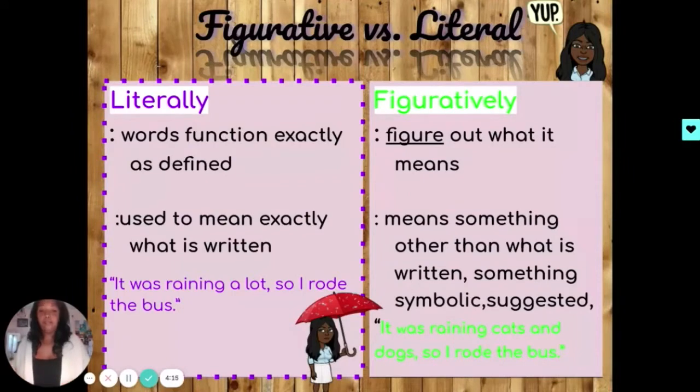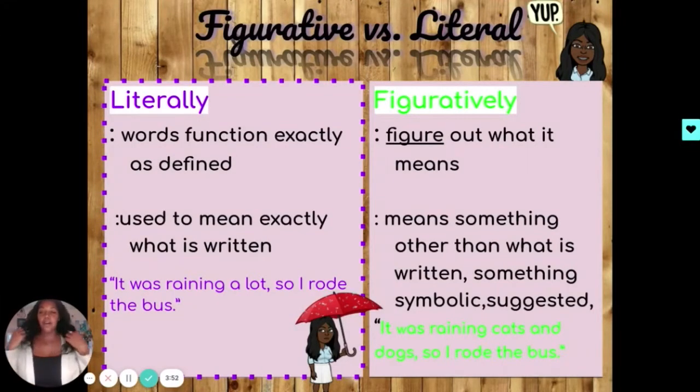So figuratively, we will figure out what it means. Can somebody please read the next definition for me? Awesome. Yes, Angelica. It means something that is other than what is written because something symbolic or suggested.